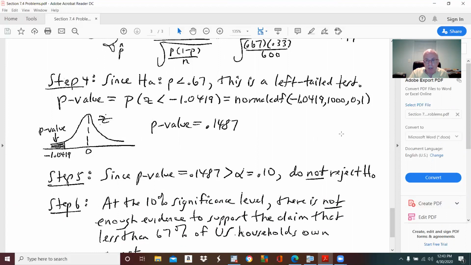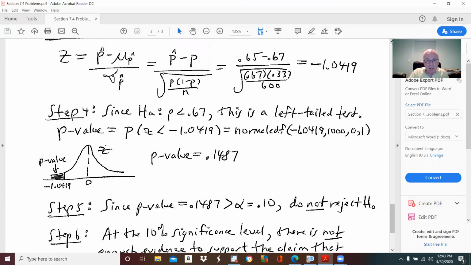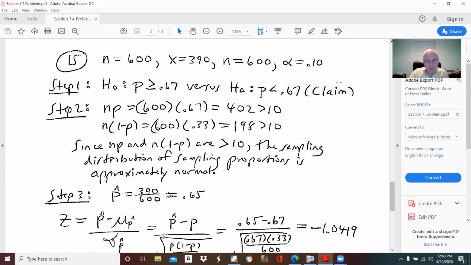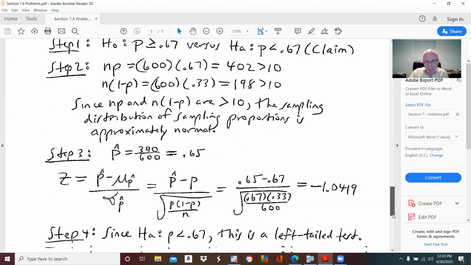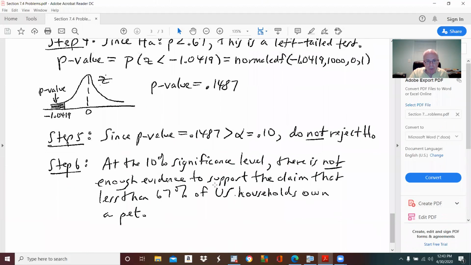Because this claim is the alternative hypothesis, when we do not reject the null, that means we're not supporting the claim. So that's why I'm saying at the 10% significance level, there is not enough evidence to support the claim that less than 67% of U.S. households own a pet.